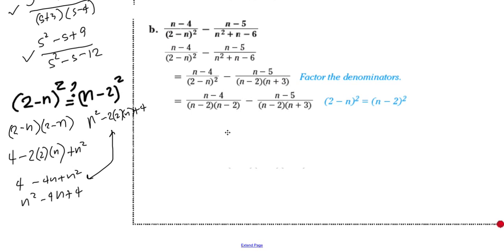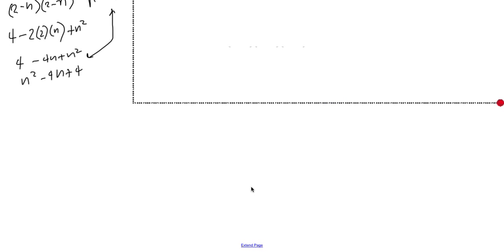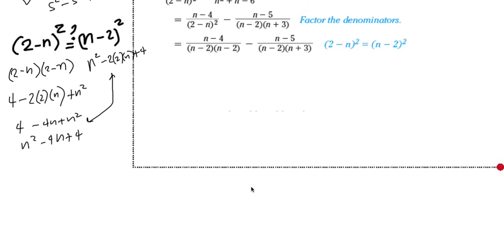Okay, now the trick is to find the LCM. Okay, and to find the LCM of n minus 2 times n minus 2, and n minus 2 times n plus 3, I'm going to put it here. Okay, so let me copy that. Remember what we do?